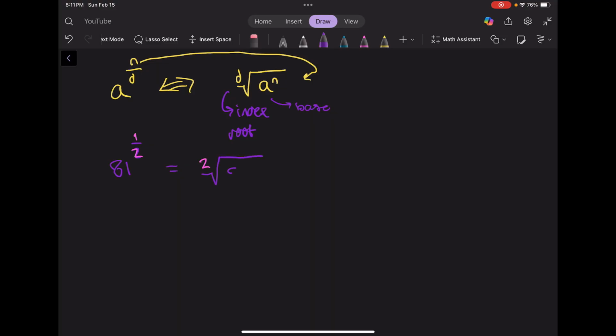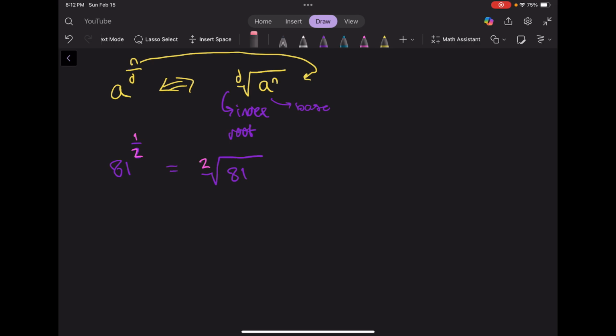We're going to have 81 on the inside. And then the 1, our numerator, is also going to go on the inside. And then if you remember the video about square roots, we ask, what number to the second power gives me 81? So I'm going to get rid of this 1 because we're only multiplying by itself one time.